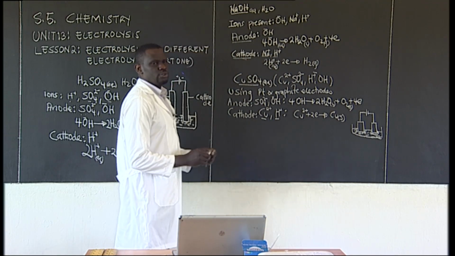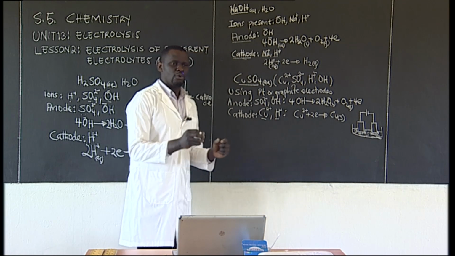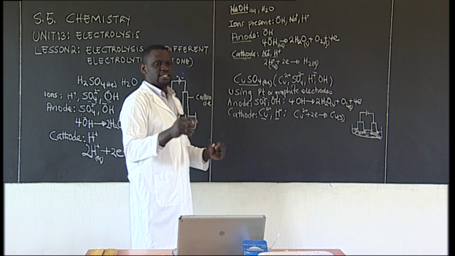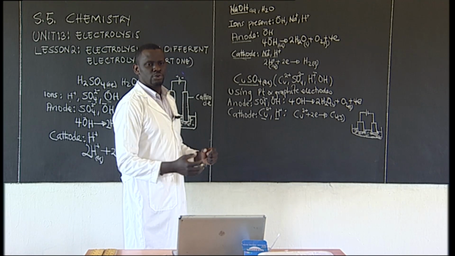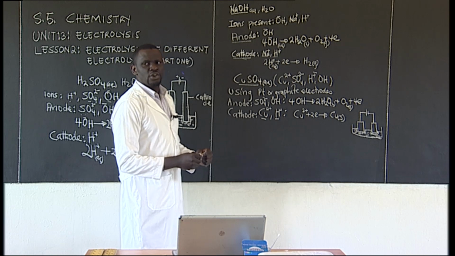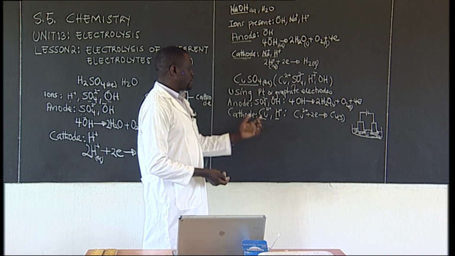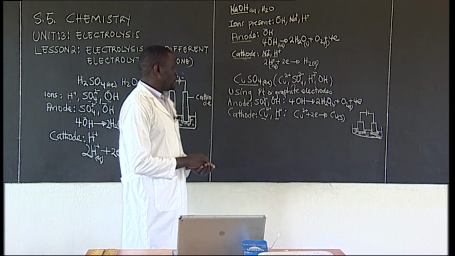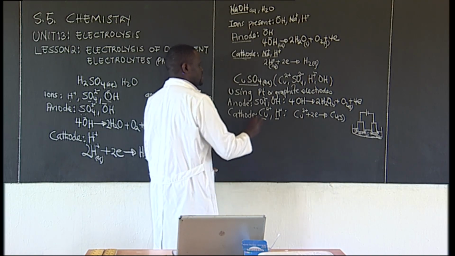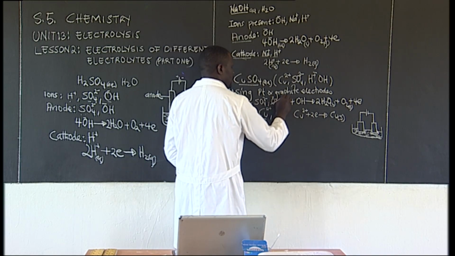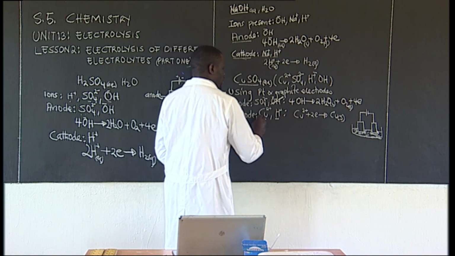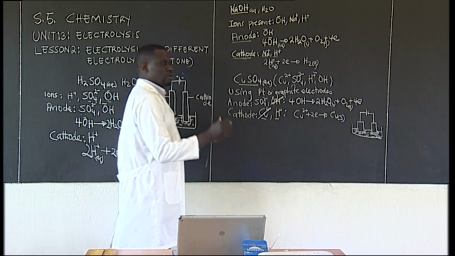Now there is a small comment there asking us to comment about the pH of our solution as electrolysis continues. What happens to the pH? You observe that during electrolysis, as OH- goes away and the copper goes away, what shall we remain with?